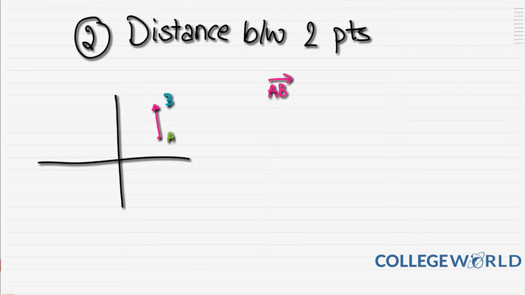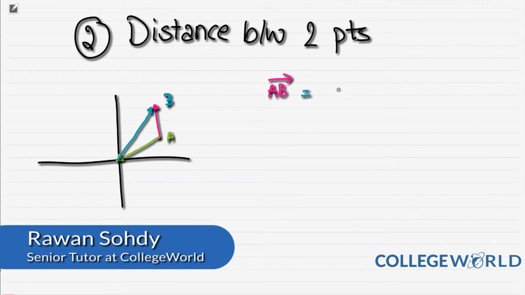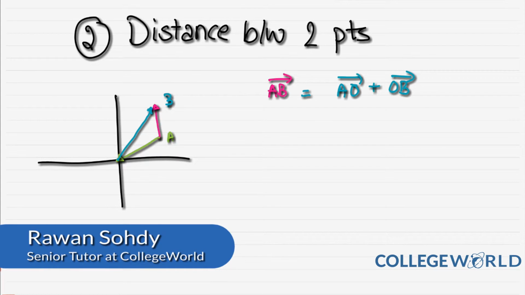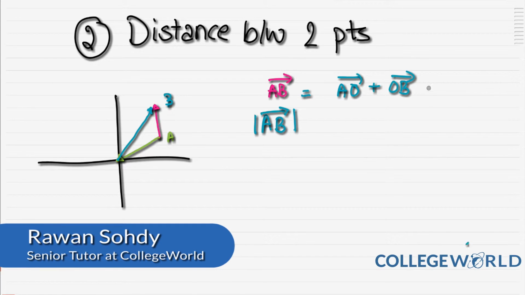And in order to do that, you're basically going from A to O, and then from O to B, which we know here as AO plus OB. And in order to get the modulus, you just need to find the modulus of AB after finding AB itself.